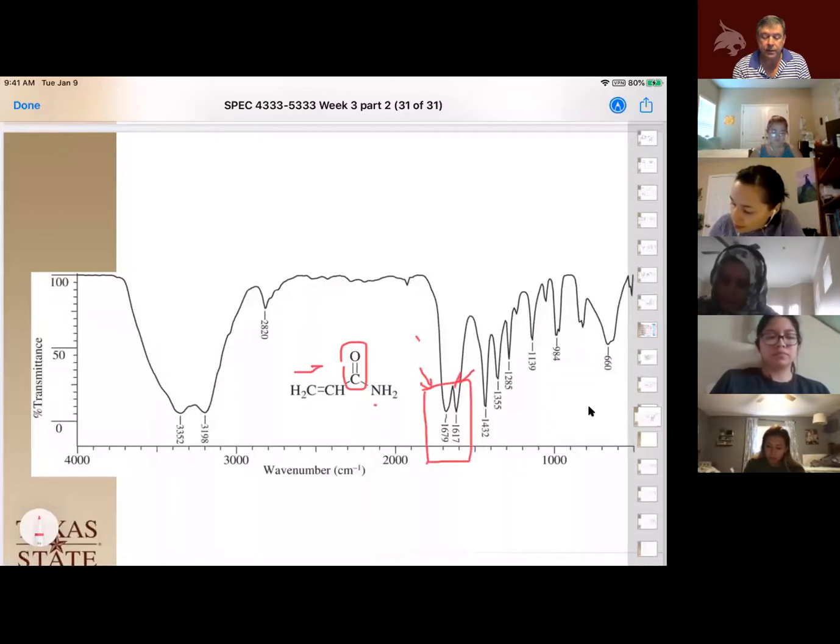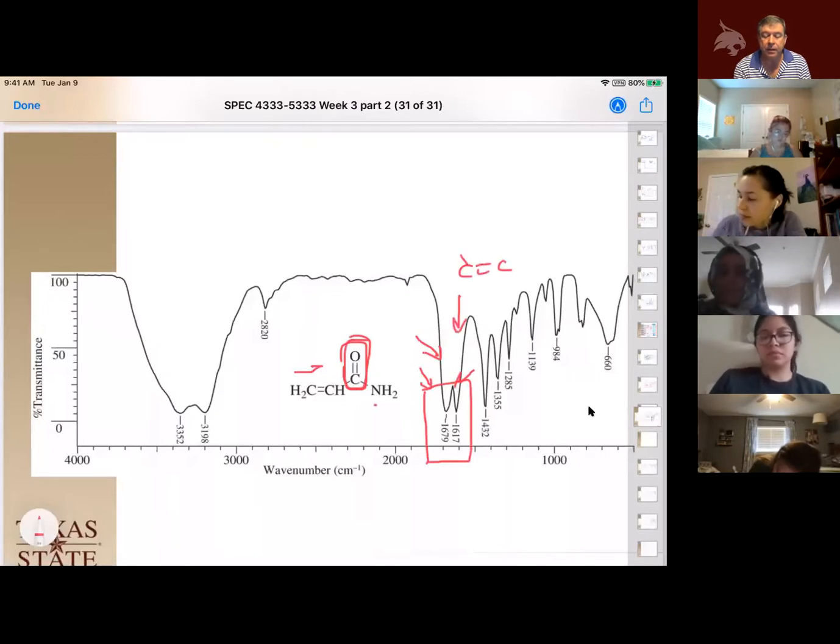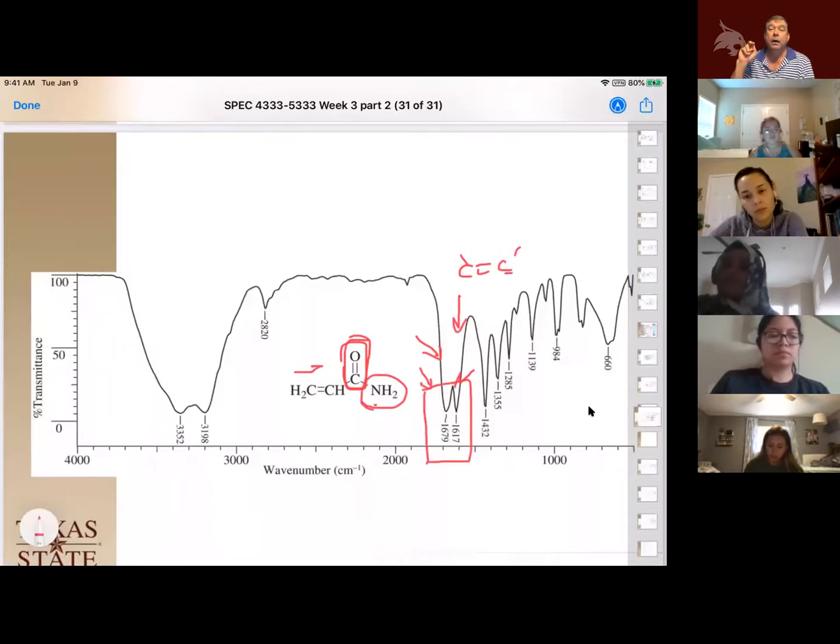So the first peak here is going to be our carbonyl by itself. The second one is going to be our carbon-carbon double bond. But it's shifted a little high from that 1600 because it's in conjugation with the carbonyl. Okay. So the next thing we need to look at is that we have this nitrogen with two hydrogens on it.